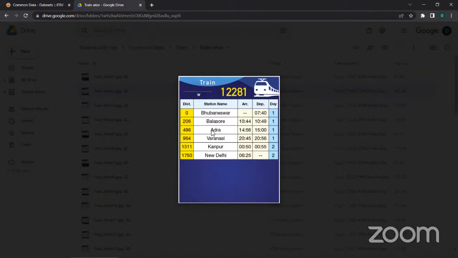Yes. Suppose, sir, we consider Bhubaneswar to Balasore as 1 and Balasore to Adra as 1. Then Bhubaneswar to Adra will be 1 hop, sir? No, why? That's the point, right? Then there is this argument whether to consider Balasore as a hop or not. Because it's still the same train.